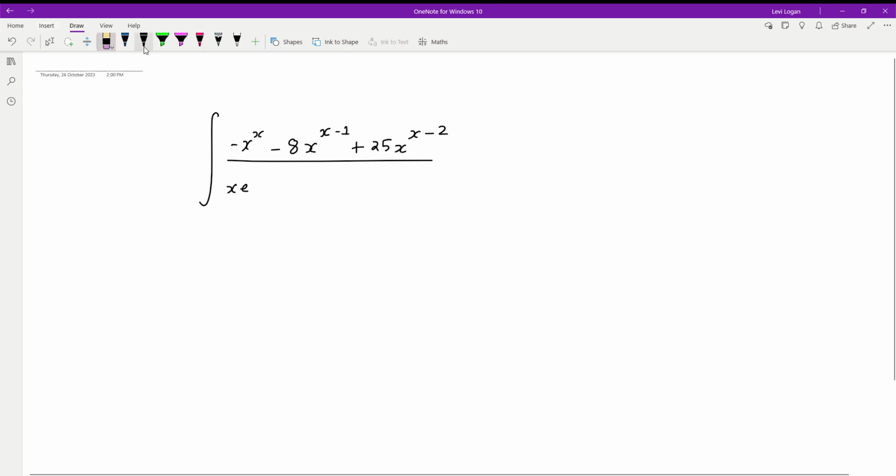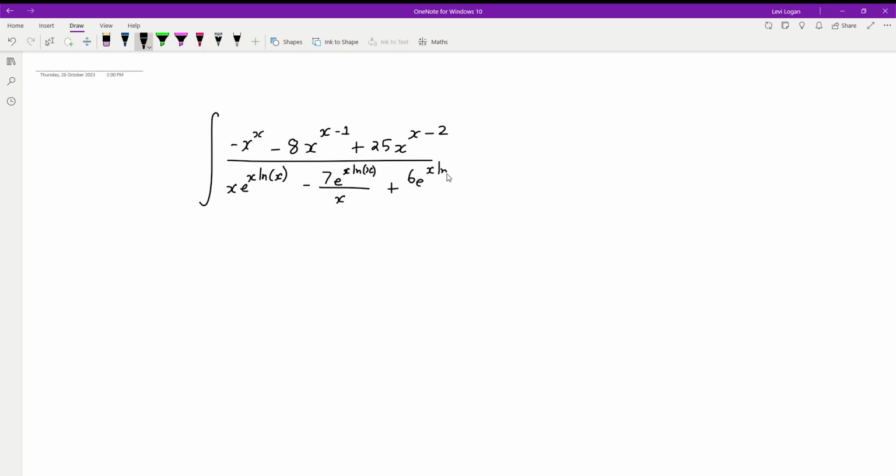It's a very big integral, so I'm just going to write it all out really quick. Minus 7 e to the power of x log of x, all on x, plus 6e to the power of x log of x divided by x squared dx. Righto, this is the integral.